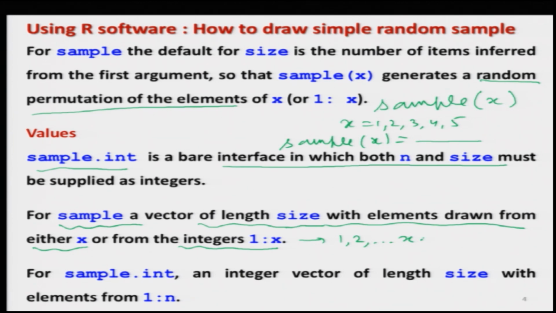And when you use sample.int, what you have to do is look into the parameter size, and this size is an integer vector of length whose elements are 1, 2, 3, 4 up to n, which are indicated by 1 colon n.